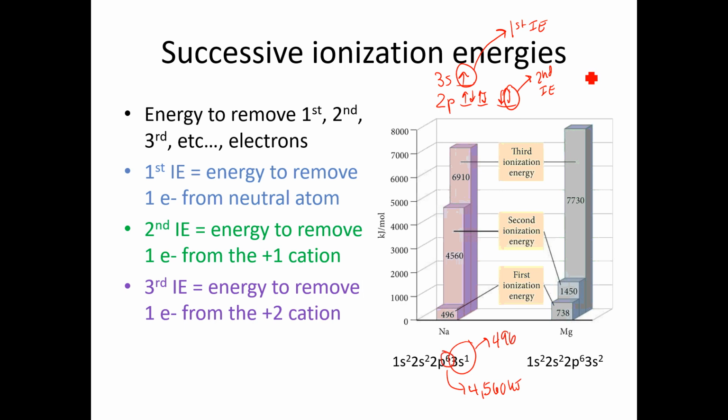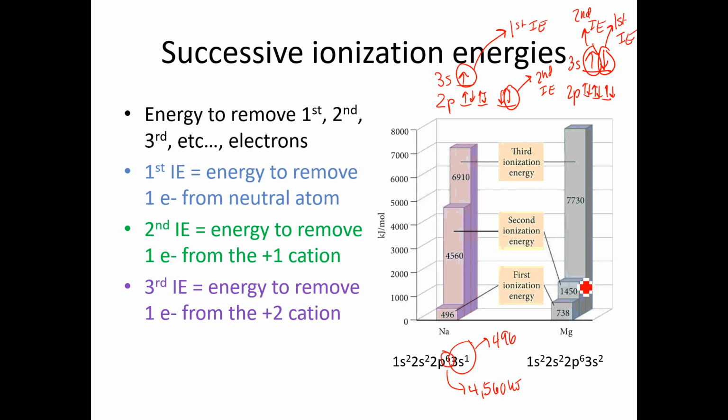Notice with magnesium, what's different here is magnesium has 2 valence electrons in the 3s. So it's got a different configuration. Let's draw it out. For magnesium, the first ionization energy is removing from the 3s. That's similar to sodium. But the second ionization energy, that second electron, will also come from the 3s.